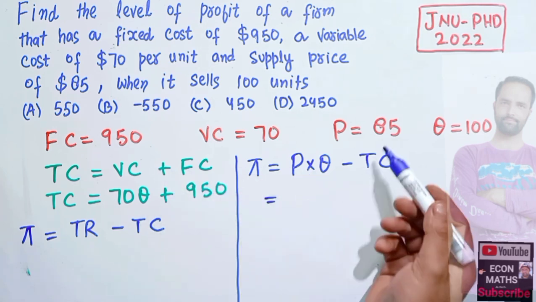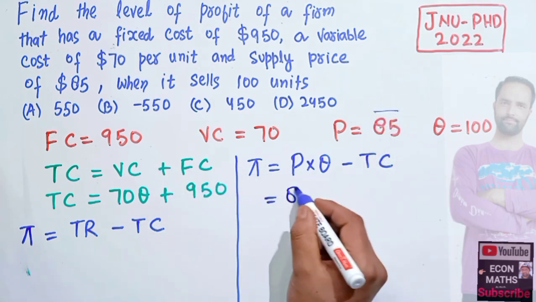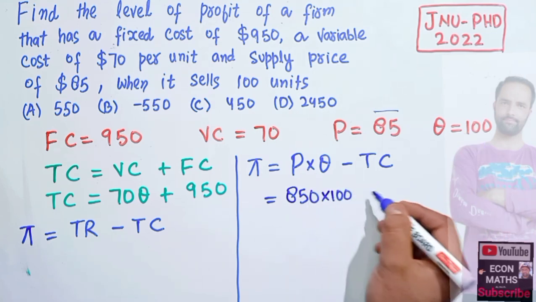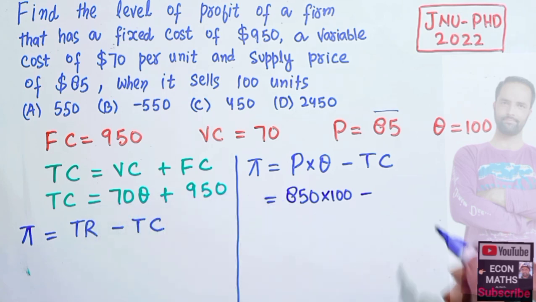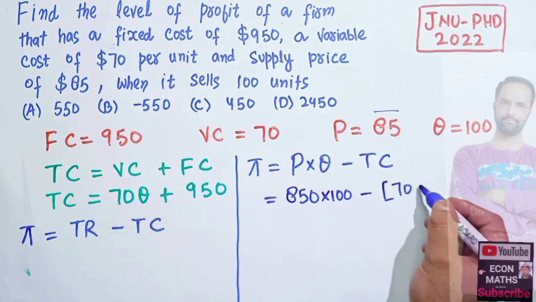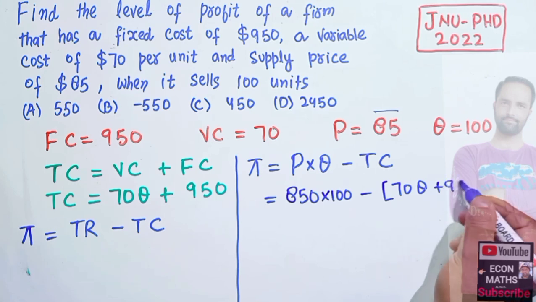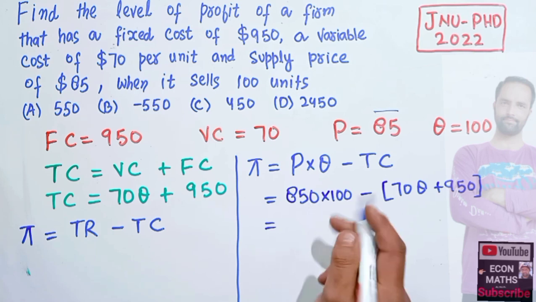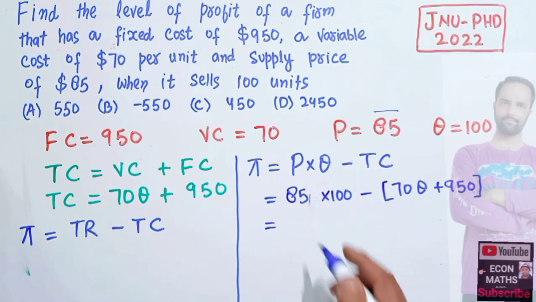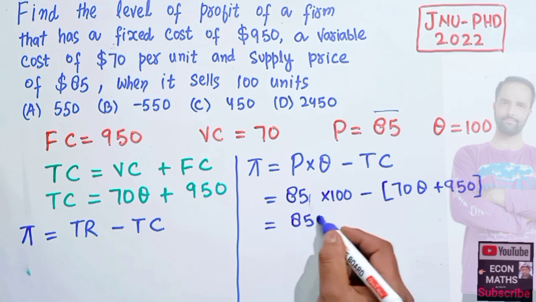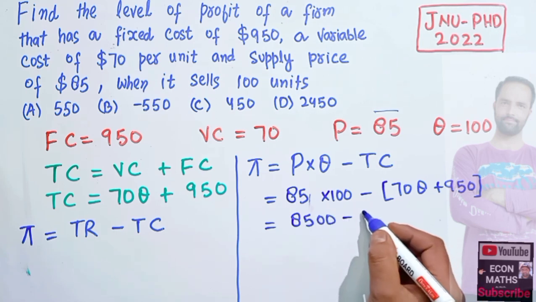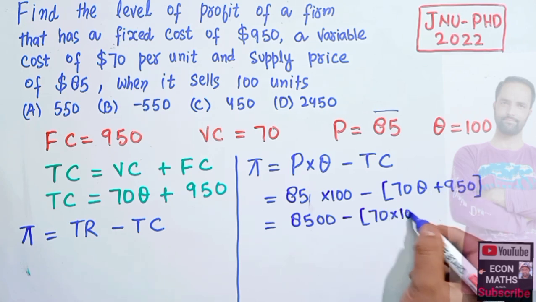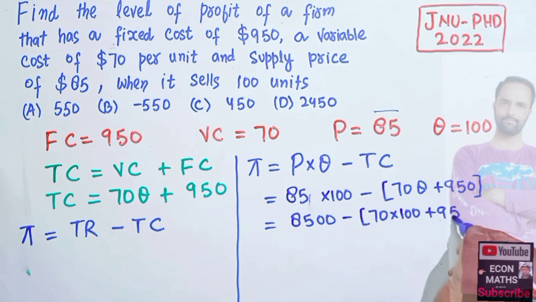Now the supply price is 85, and units sold is 100. From this we subtract the total cost. The total cost function is 70Q plus 950. So this will become 8500 minus 70 into the quantity sold, 100, plus 950.